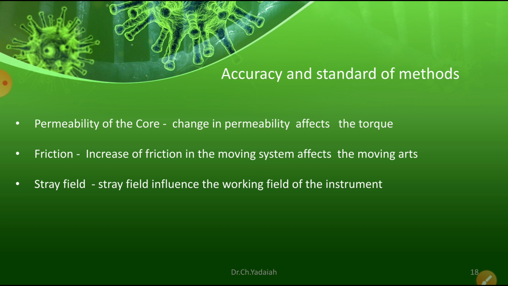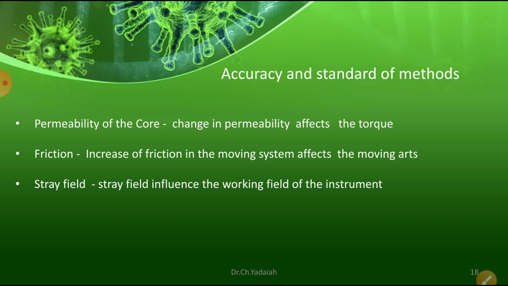Okay, and now coming to another instrument. We have seen in this one the accuracy depends upon the permeability of the core, friction on the spindle, stray fields, and frequency, so different things affect moving iron instruments.